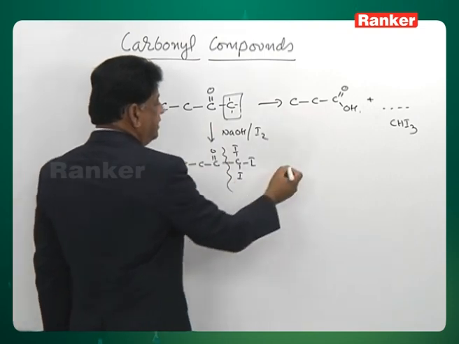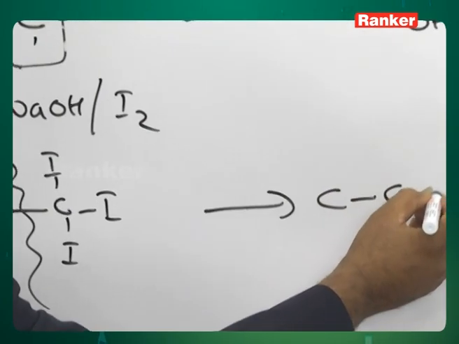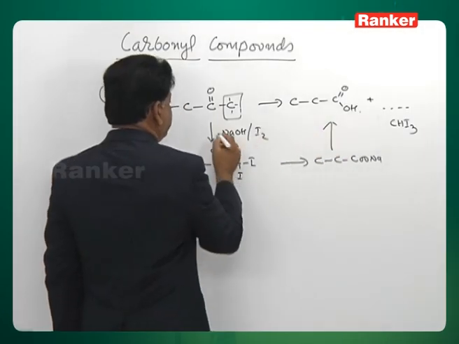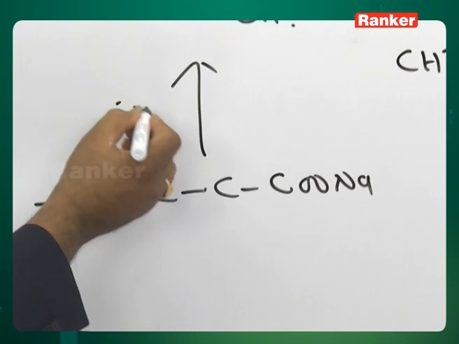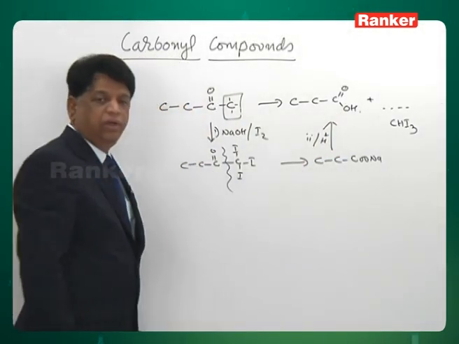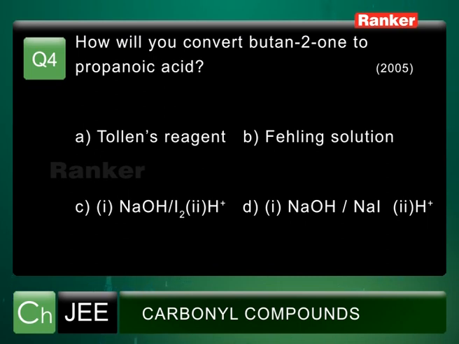However, base is there, so what you will get immediately is the sodium salt of propanoic acid. That's why he has given another option, the second step, acidification. When you acidify, you will get propanoic acid. So option C is the right answer. Option D is very similar, but it is given sodium iodide.